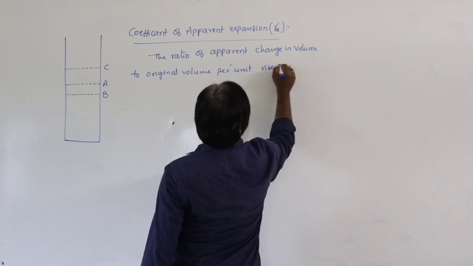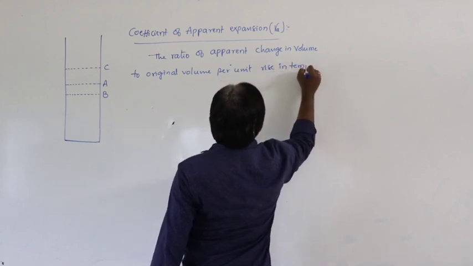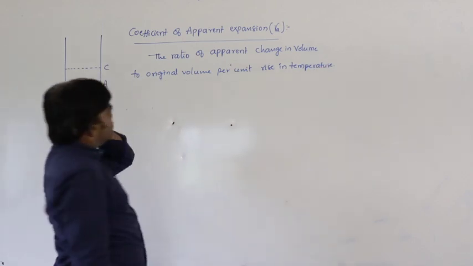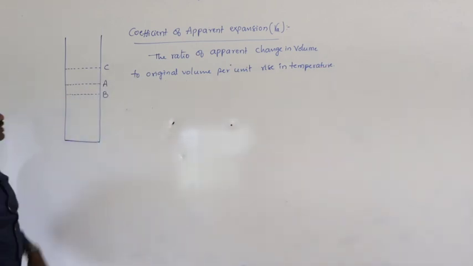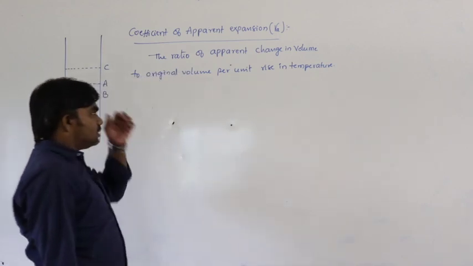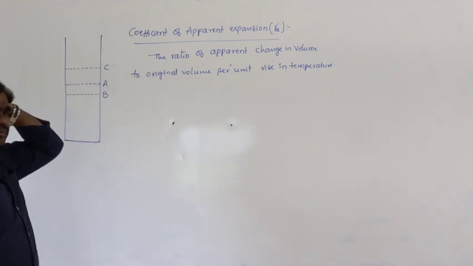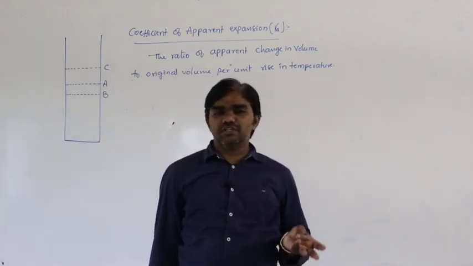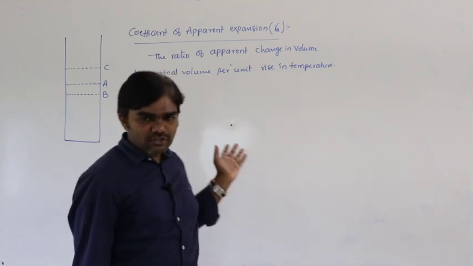This is called coefficient of apparent expansion. So just like the coefficients of linear expansion, areal expansion and volume expansion, the definition is also the same.